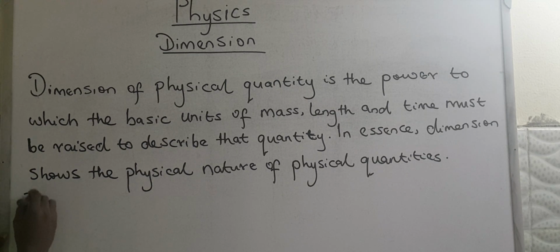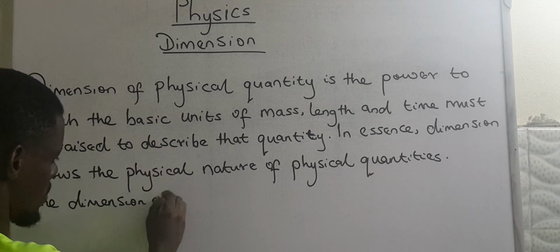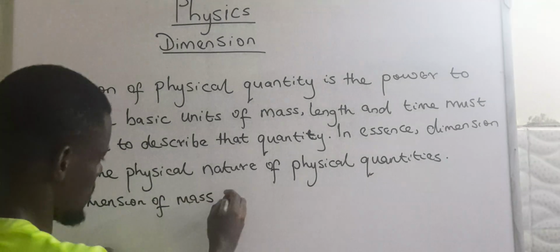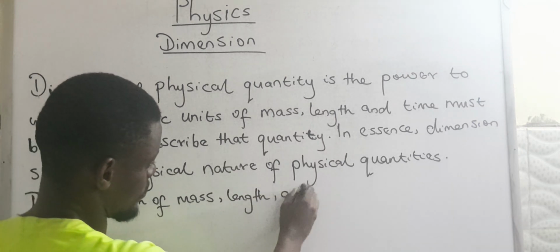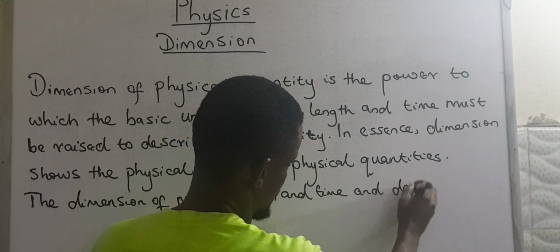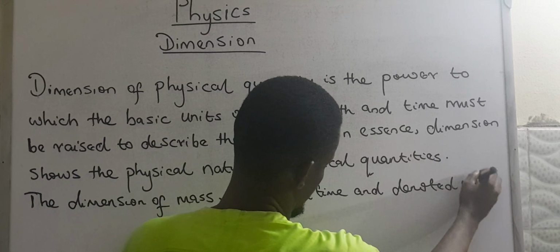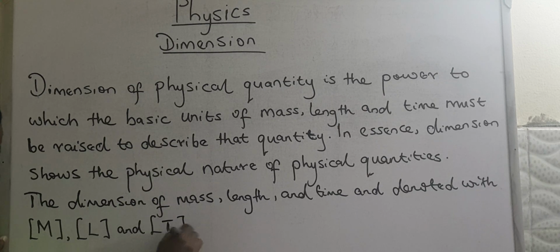So the dimension of mass, length, and time are denoted with capital letter M in closing brackets, L, and T. Okay, so take notes.